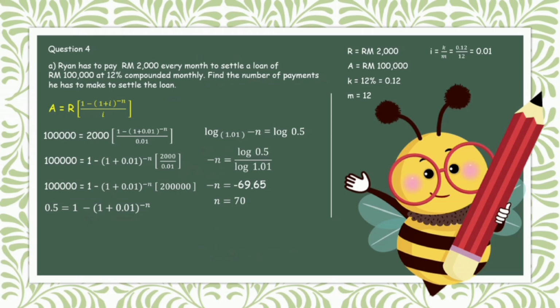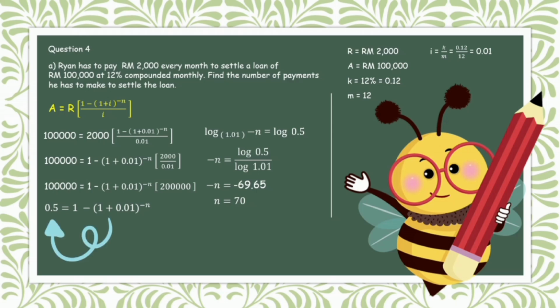Next, 100,000 equals [1 minus (1 plus 0.01) to the power of negative n] times 2,000 over 0.01. Next, 100,000 equals [1 minus (1 plus 0.01) to the power of negative n] times 200,000.